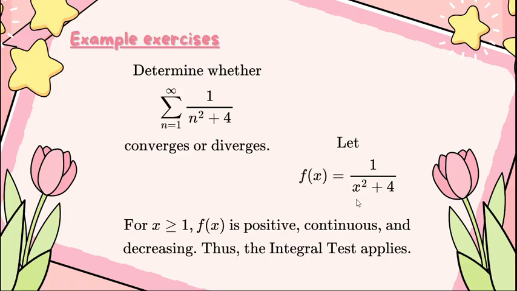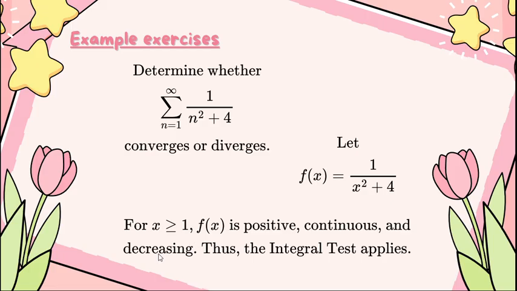If we plug in values of x in our denominator, we always get positive values. It's continuous: 1 squared plus 4 gives 1 over 5, for 2 we have 1 over 8, for 3 we have 1 over 13. We can't get 1 over 0 here, so there are no gaps in our function, so that is continuous.